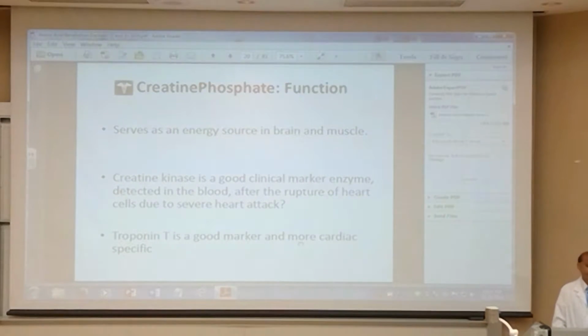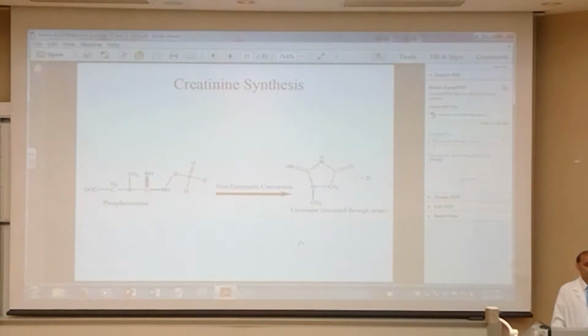So troponin T. Creatinine synthesis: basically, if somebody is having muscle damage, the level of creatinine is going to be higher, and the formation of creatinine, the cyclization, right, happens non-enzymatically. So basically, instead of transferring the phosphate onto ADP to form ATP, these individuals would form creatinine, and the levels of creatinine would be high in those individuals who have damaged skeletal muscles, for example, right?